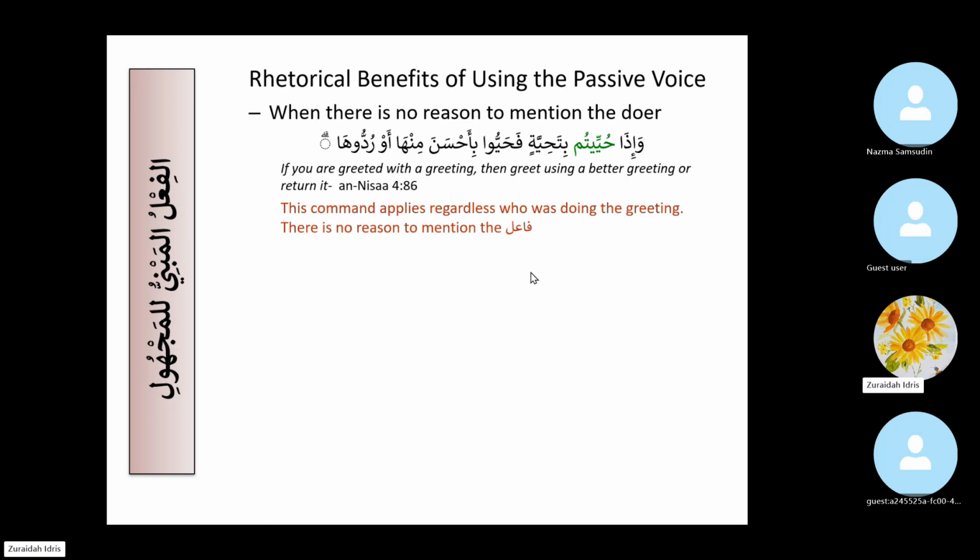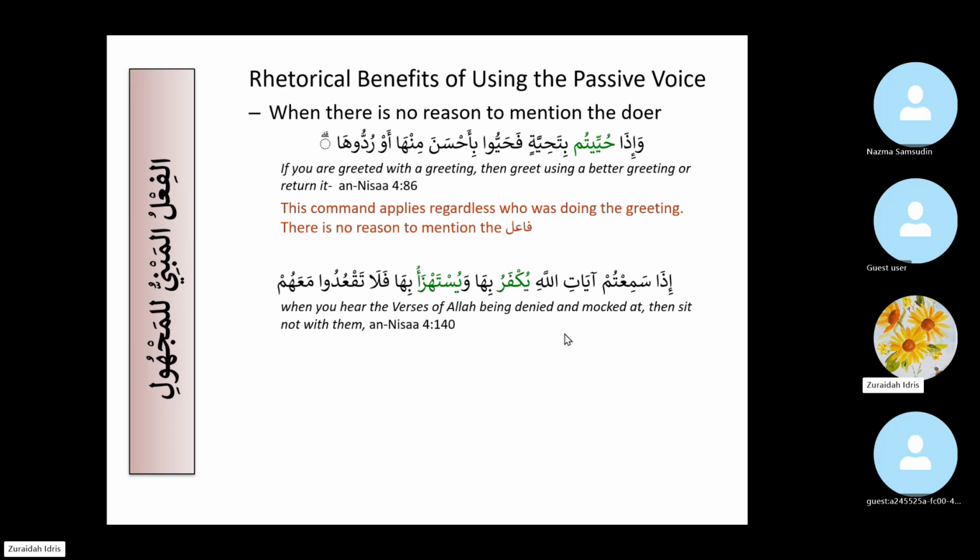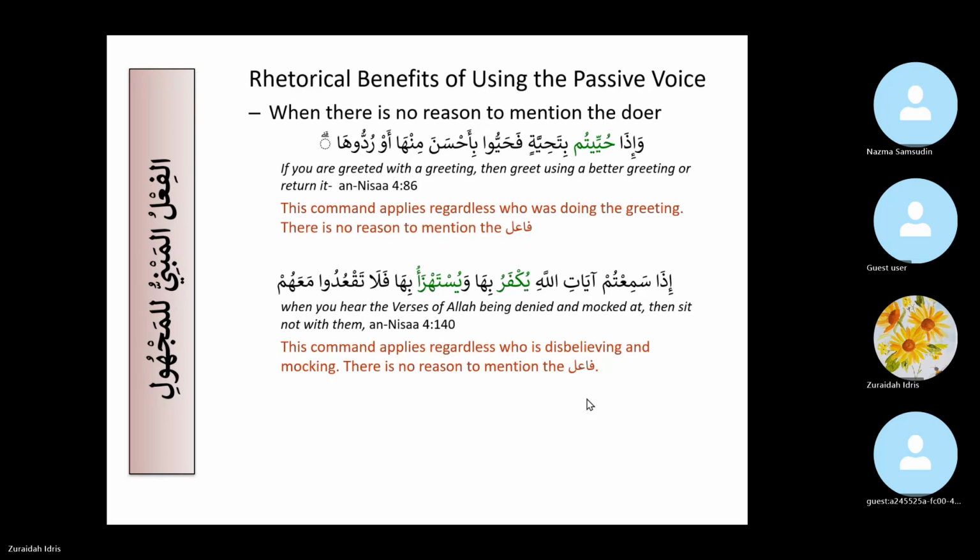Yeah. So there's no reason to mention the fa'il because it's the action that is important, not the doer. So here we have yukfaru, yustahza'u. Okay. So this command applies regardless of who is disbelieving and mocking. Yeah, there's no reason to mention the fa'il.